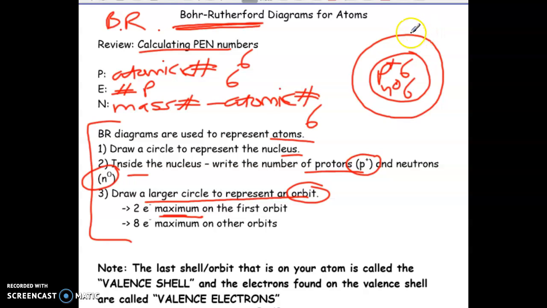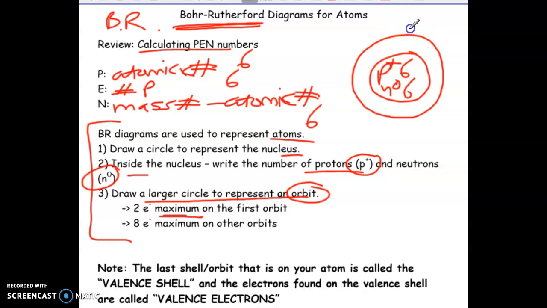Now, where they're located has to be as far apart as possible. So you can draw them either up and down, or side to side. That's exactly the same thing, but they have to be equal distance apart.